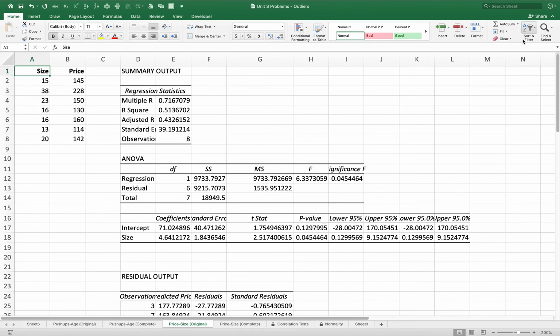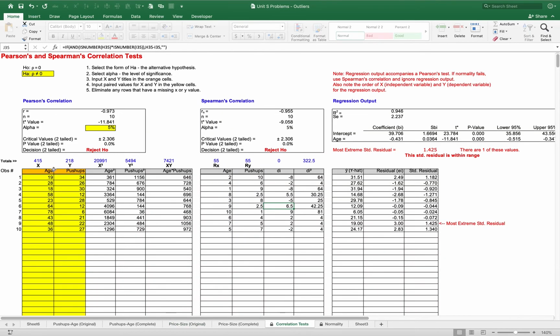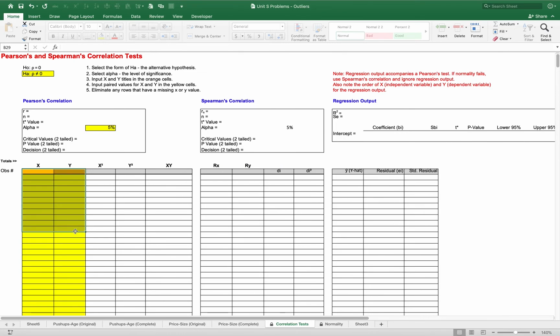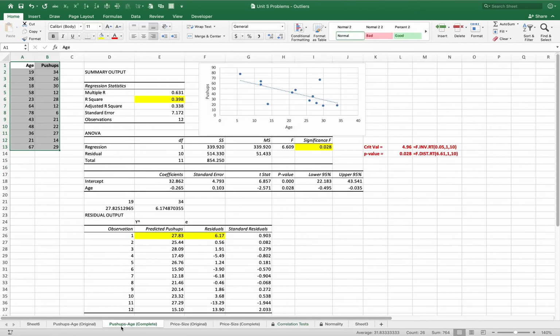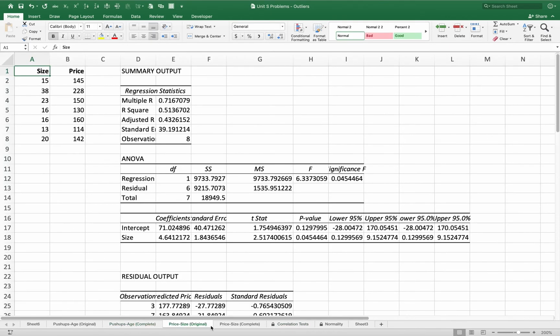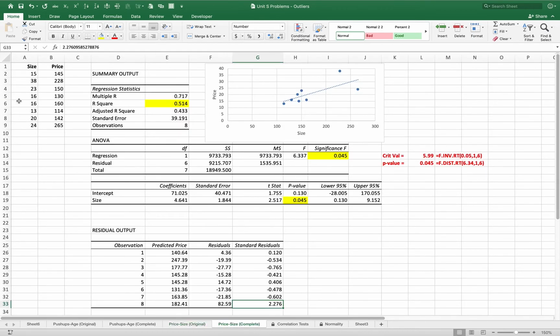Now, the last thing here is, well, let's do that actually using the template here for correlation and regression. So let me get rid of these guys and go back and grab those. So that's the push up. I'll have to use these guys here because I got rid of 1 observation.